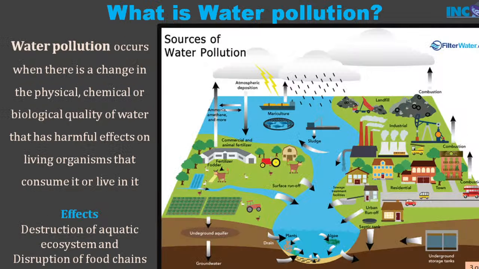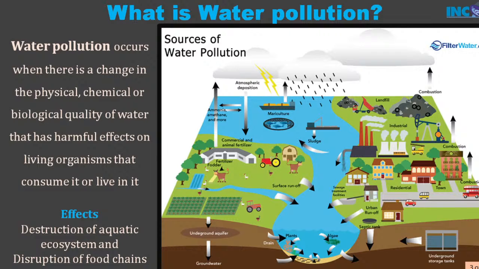The main effect of these anthropogenic threats on fishes is water pollution. Why? Because fish are aquatic animals and are more sensitive to contaminants, pollutants and other toxicants.